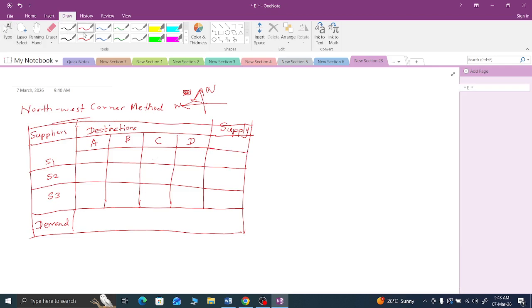Okay, we will move to another color. So here inside is our cost. So from supply point S1 to the location of A, the transportation cost they are telling is 10, right? They are giving us 10 as the cost.